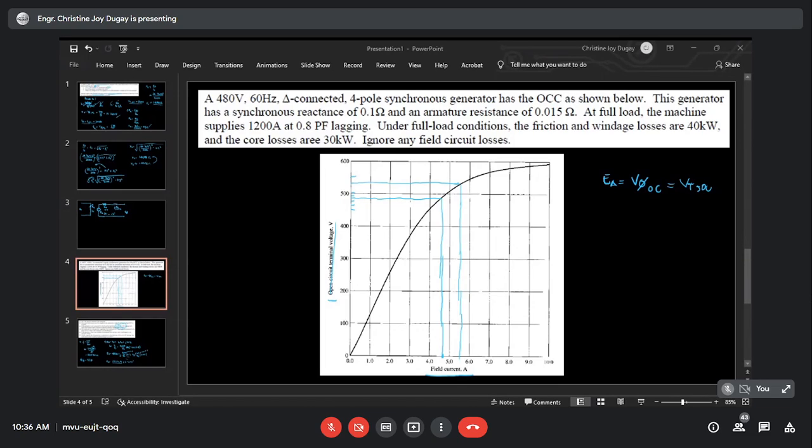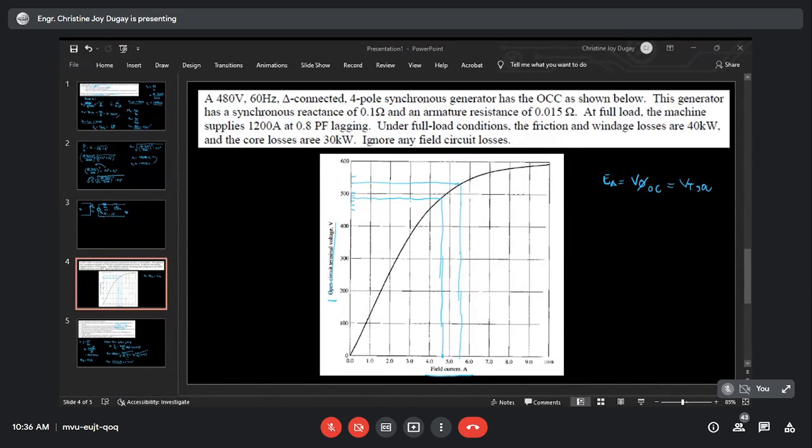Bakit hindi kayo ngayon sumasagot? What is now the value of IF? Sa tingin po ninyo? Sa akin, probably 5.5 or 5.4 to 5.6. How about the others?